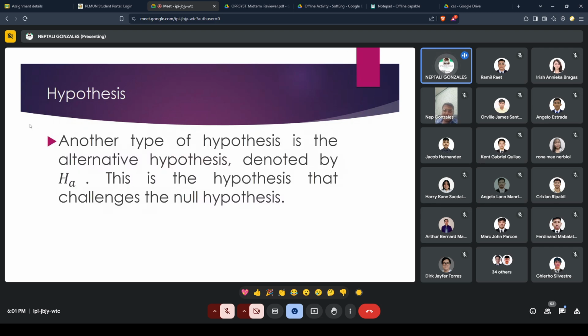Another type of hypothesis aside from the null hypothesis is the alternative hypothesis, denoted by H sub A. This is the hypothesis that challenges the null hypothesis. If your null hypothesis is there is no significant difference, then the alternative hypothesis is there is a significant difference.